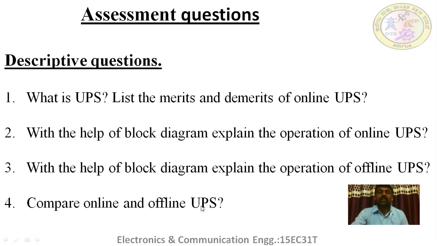Online UPS automatically switches over between mains power supply and battery power supply, but offline UPS requires initiating the UPS once the power fails. Online UPS provides so many protections against power failures, and offline is not capable of providing protection against power failures. And there are some more points related to online and offline UPS.